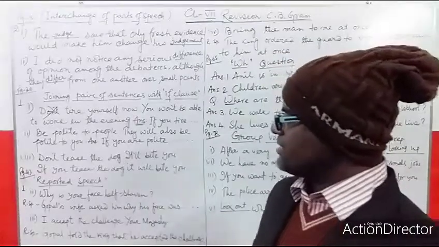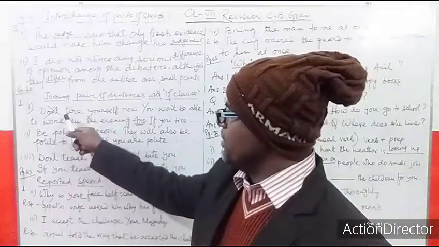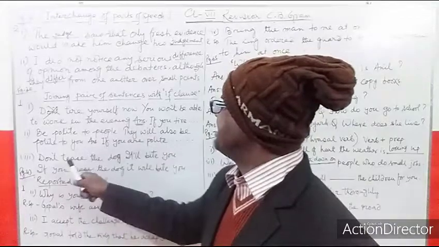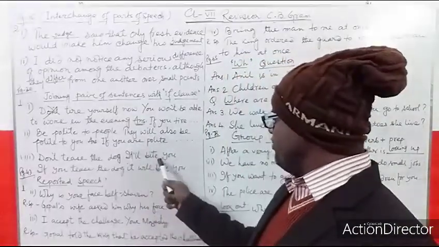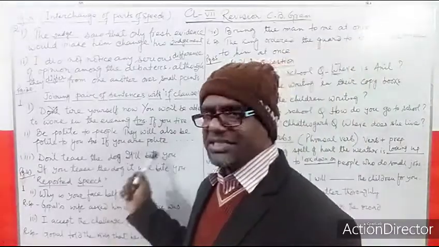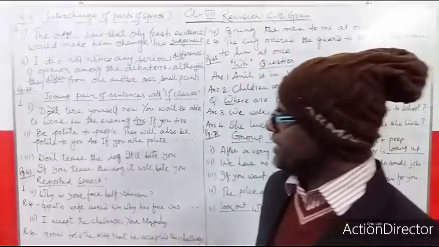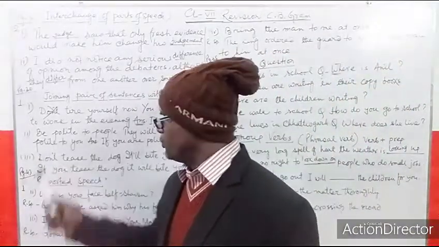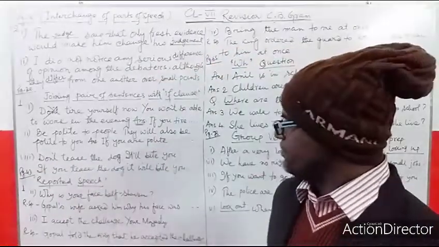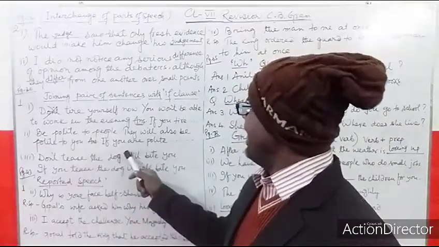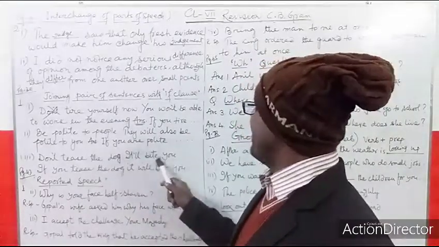Okay? Next, another sentence like the first one. "Don't tease the dog." This is the first sentence. "It will bite you." This is the second sentence. So just simply omit the word "don't." Right? "If you tease the dog," comma, "it will bite you."